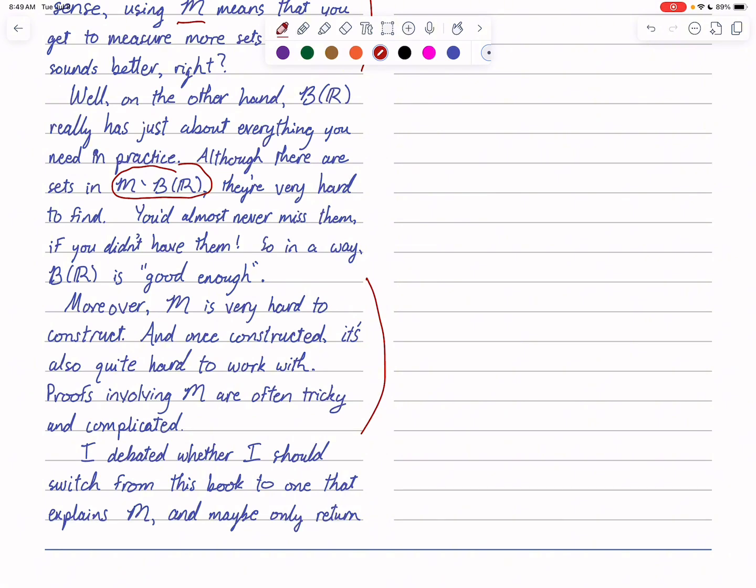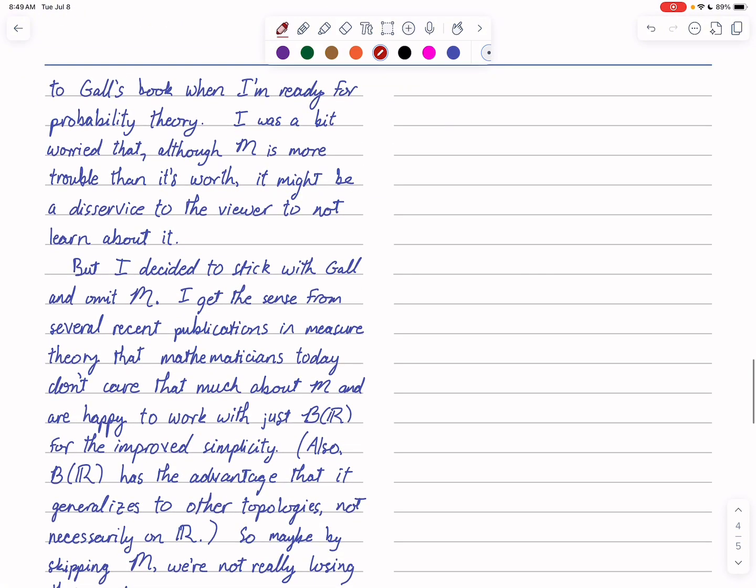Now, I debated whether I should switch from this book to one that uses Lebesgue measurable sets, and maybe I would return to this book when I was ready to start talking about probability theory. The reason I thought maybe it was worth switching textbooks is that although M does seem like it's more trouble than it's worth, it might still be a disservice to the student to not know anything about it.